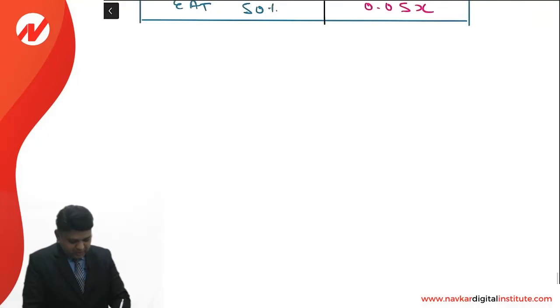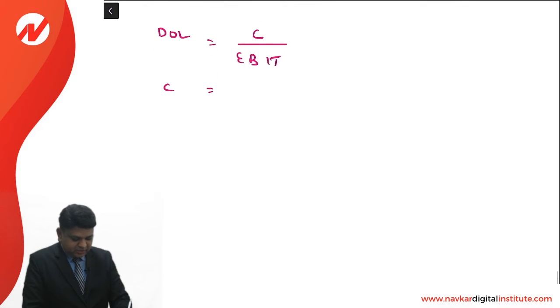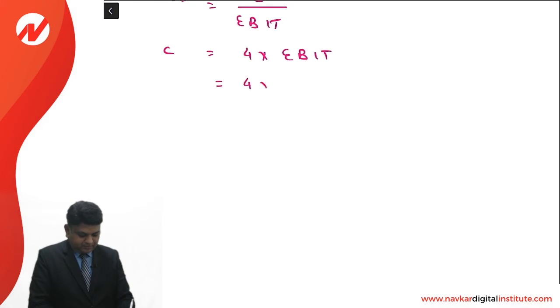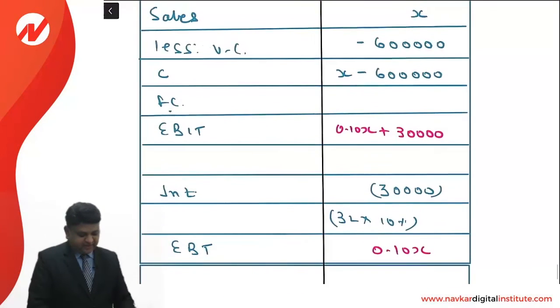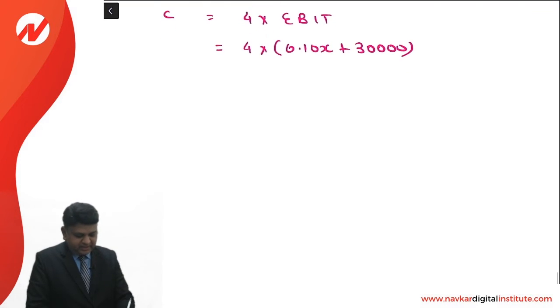Yes. So DOL is calculated as contribution upon EBIT. So we can say that the contribution is equal to DOL 4 into EBIT. So it is 4 into earning before interest and taxes that we have calculated. It is 0.10x plus 30,000. That comes to 0.40x plus 1,20,000.